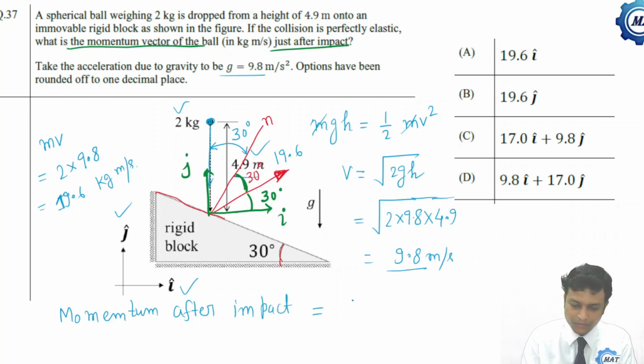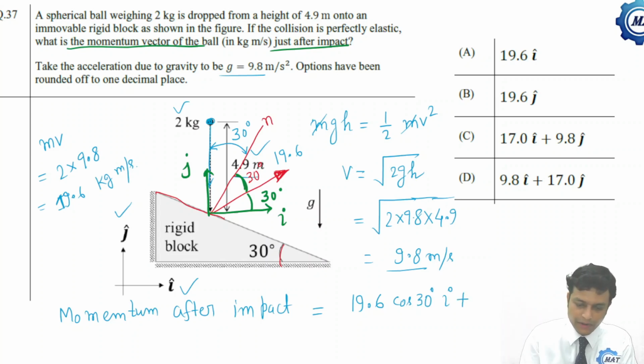is 19.6 along i, the angle is 30 degree. So cos of 30 degree i plus.